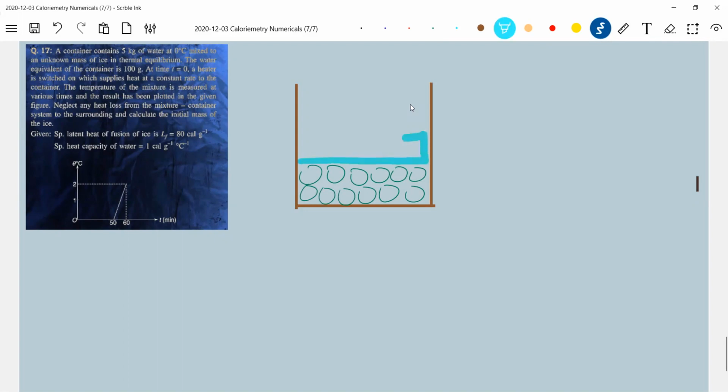So there's water and ice in there. First, we'll have water. Five kg of water. A container contains 5 kg of water mixed to an unknown mass of ice. We don't know what is the amount of ice.